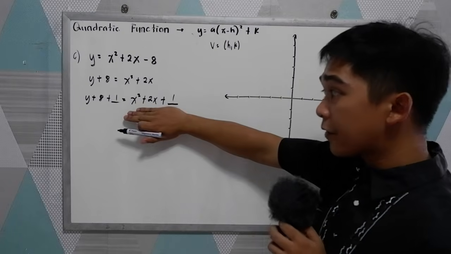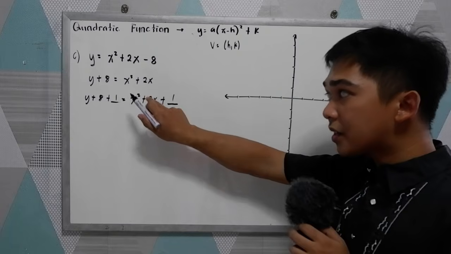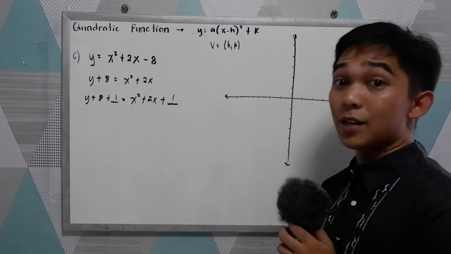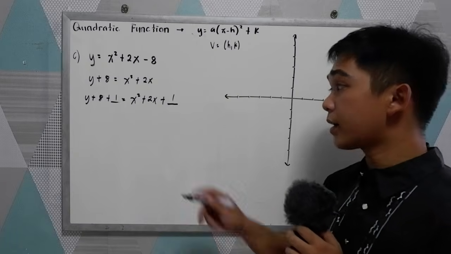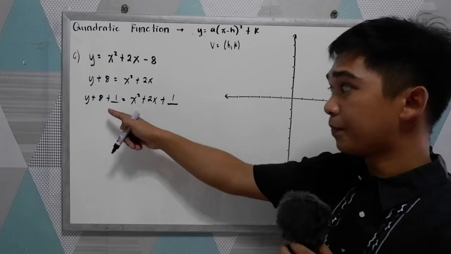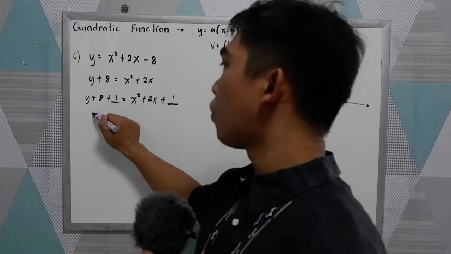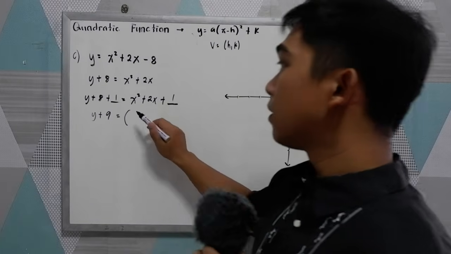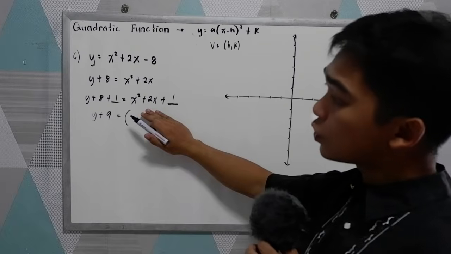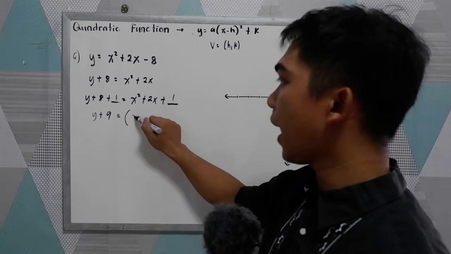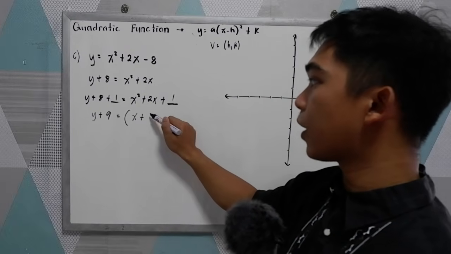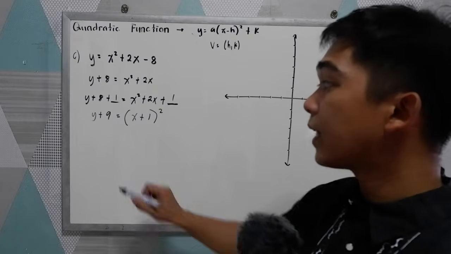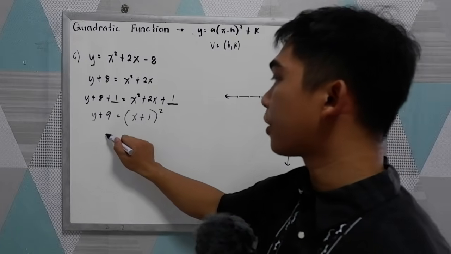Now we have y plus 9 is equal to, we can write this as a square of a binomial: x plus square root of 1, that is 1, then squared.